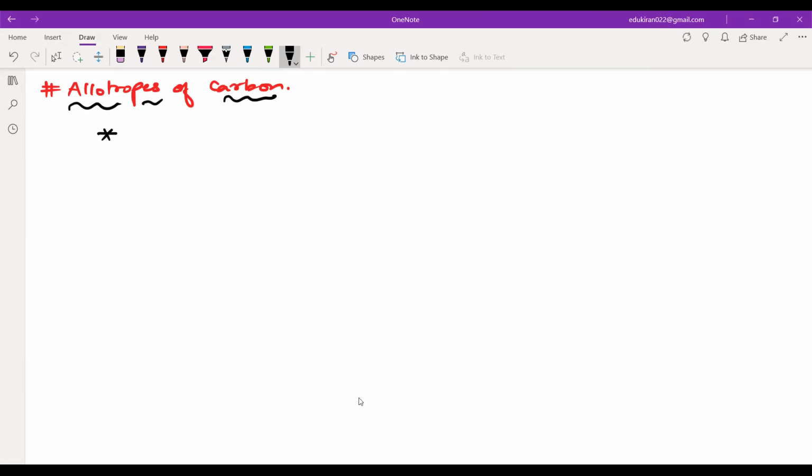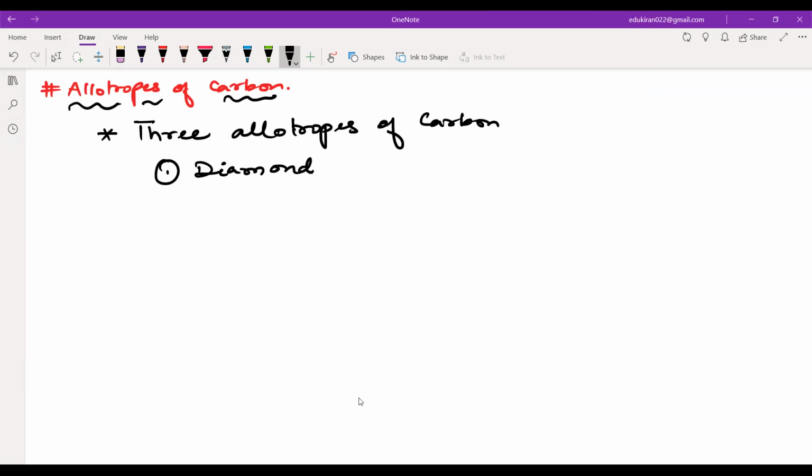You can write here, the first point. There are three allotropes of carbon. Number one is diamond. Diamond is crystalline.